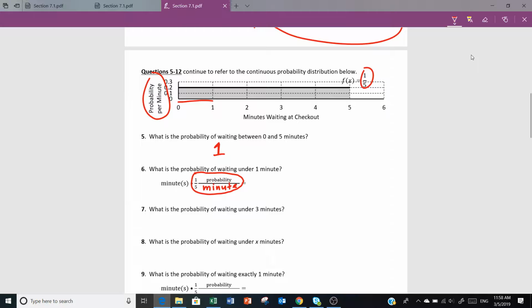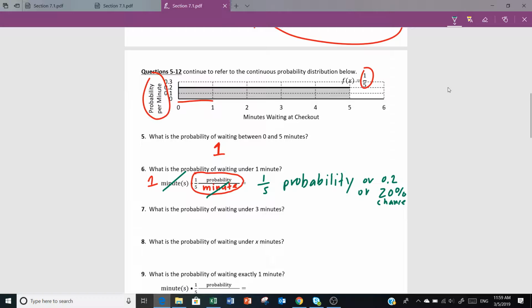So it's 1 minute being multiplied by 1/5 probability per minute. The minutes, what happens to the minutes? Cancel, so we get 1/5 probability. So that's the answer. Or 0.2. Or 20% chance. Those are all acceptable answers.